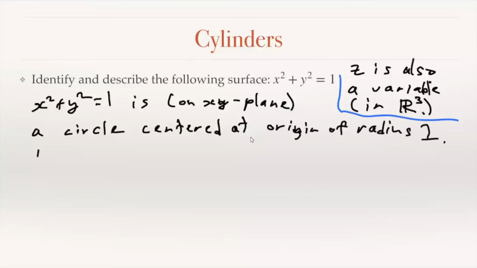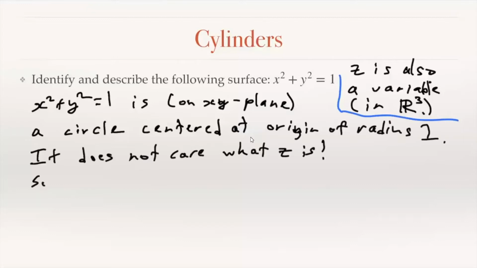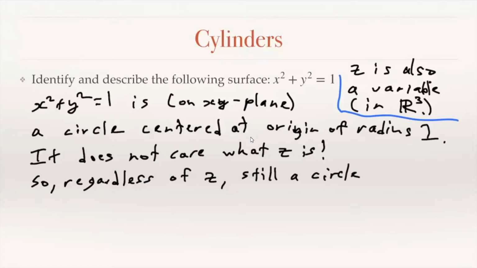And it does not care what z is. So regardless of our z value, it is still a circle. It's in particular a circle that is parallel to the xy plane.